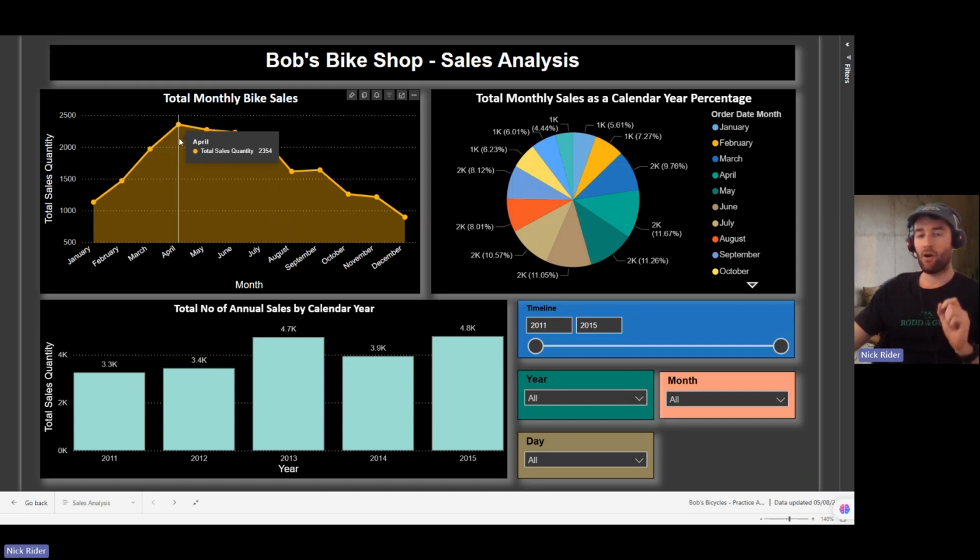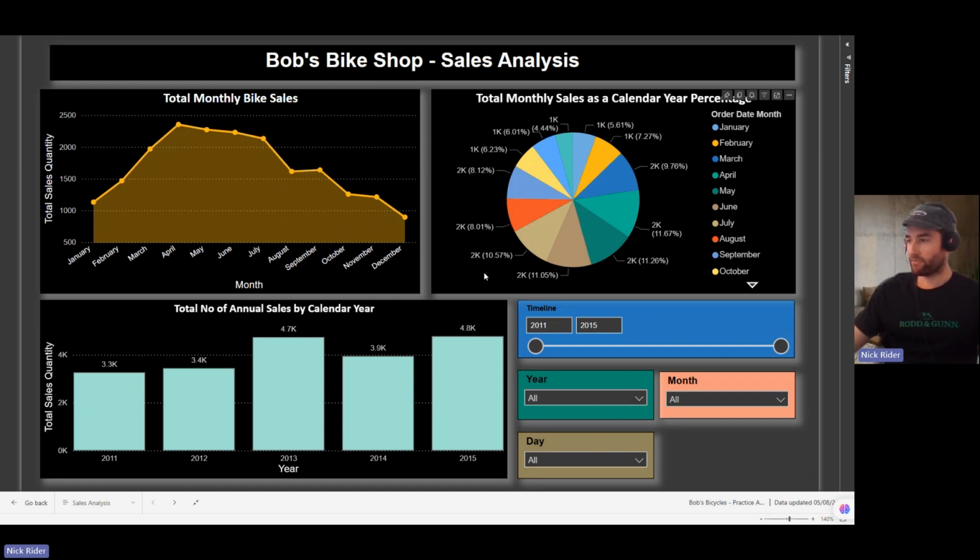So the first thing I would be doing if I was advising Bob as a data analyst on his business, I would be telling him to get more inventory in as far as his bikes go in the months of April, May, and June, because they are the three top months of sales from 2011 through to 2015.